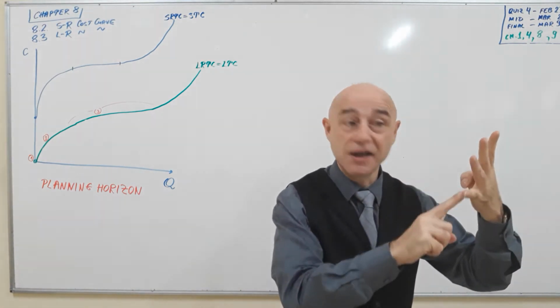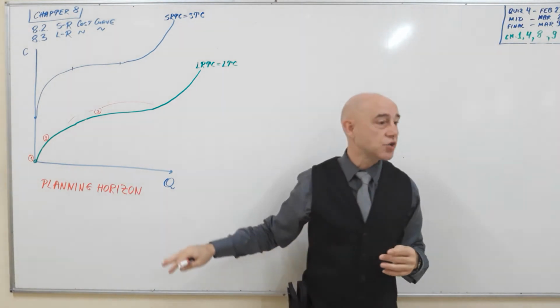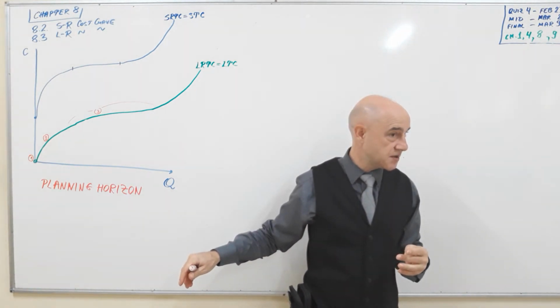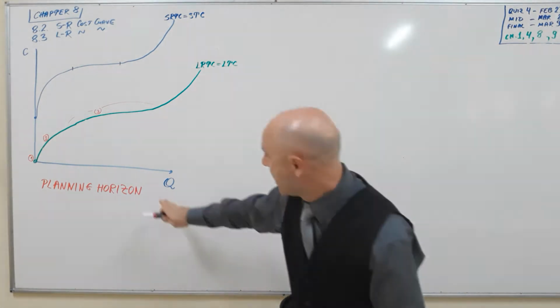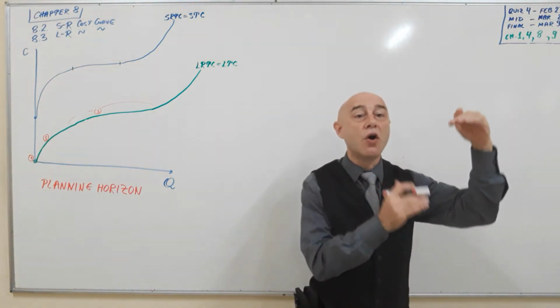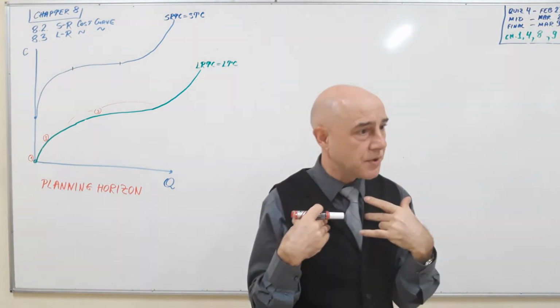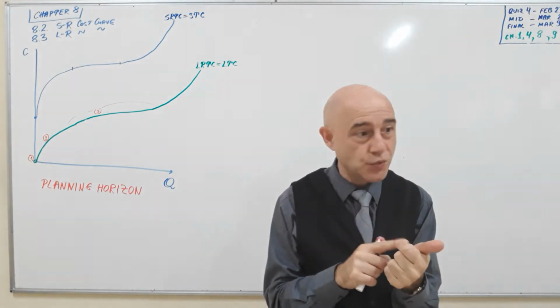In other words, they'll need a list, and they'll need to address those needs, okay? The planning horizon includes all fixed costs as well as variable costs, like teachers, how many teachers we're going to need.